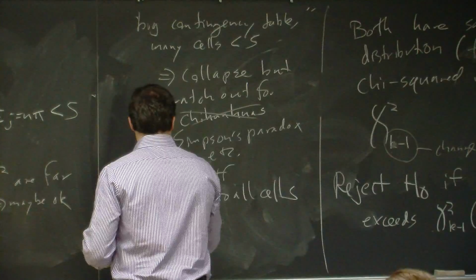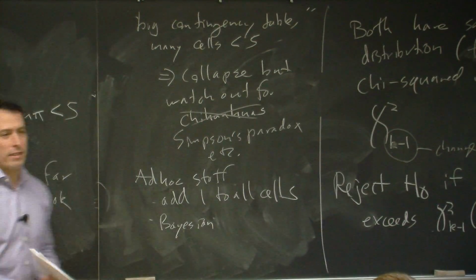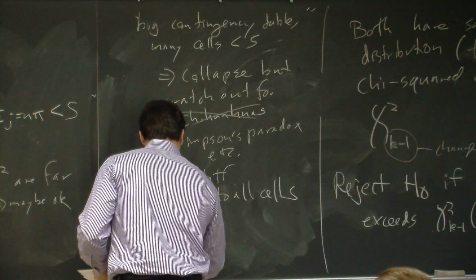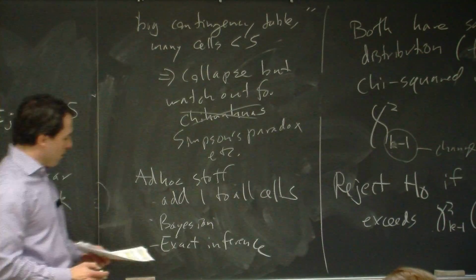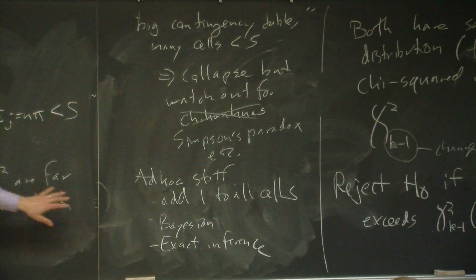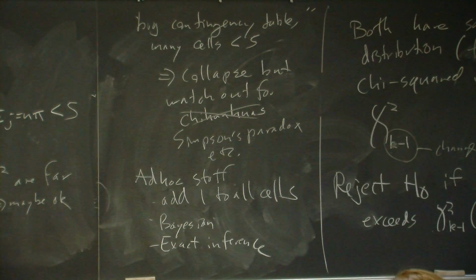Or we could change our inference technique to something else. And the other thing we can do is exact inference, which we'll talk about a little more later in the course. That is, we abandon the normal and chi-squared approximations and just try to directly compute the probabilities, which is computationally intensive, but computers are fast, so that's okay.